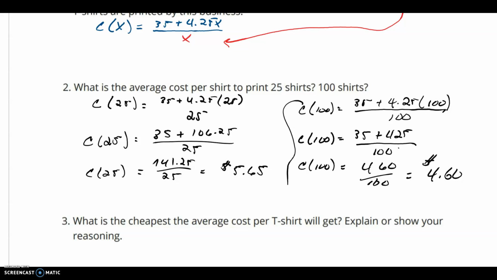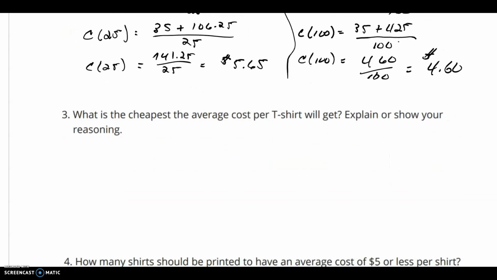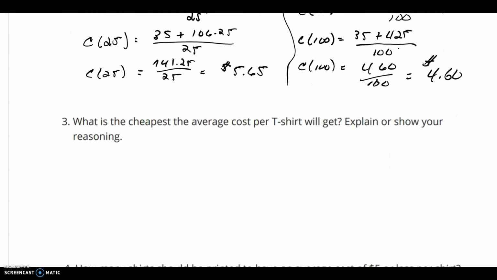Now the question is, what is the cheapest the average cost per t-shirt will get? And explain or show your reasoning. Well, let's look at our original function. C of x equals 35 plus 4.25x, all divided by x. And remember, if we look at our end behavior, if we simplify this out, we look at the leading terms. Well, my leading terms here are the 4.25x and the x.